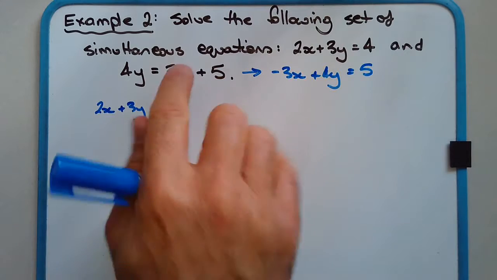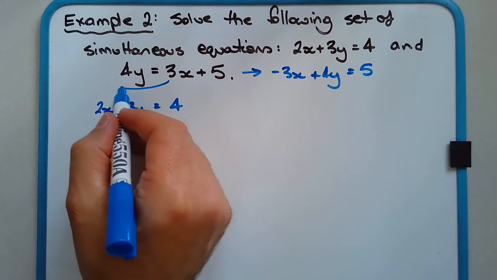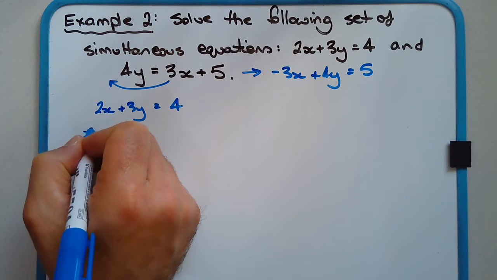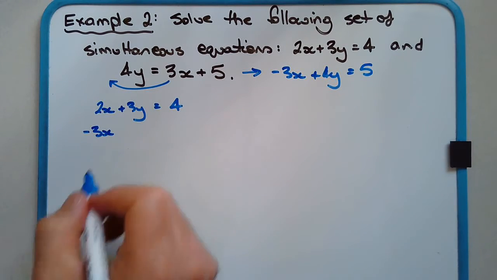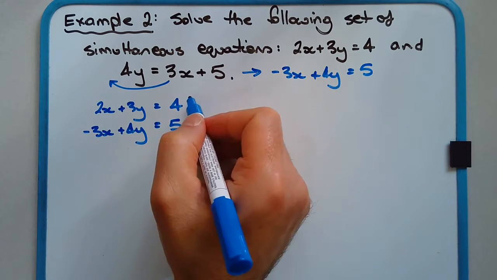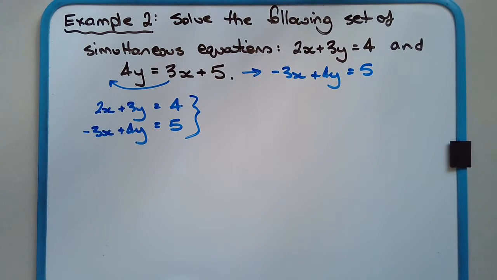So that's just moving the 3x over to this side. It becomes a negative 3x. So let's write that down under the first equation: negative 3x plus 4y is equal to 5. We now have a set of simultaneous equations to solve in the correct format for the elimination method.